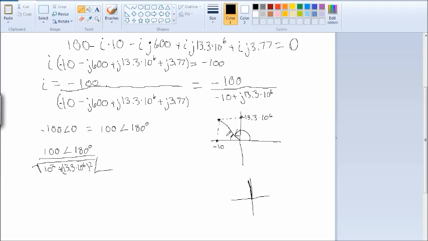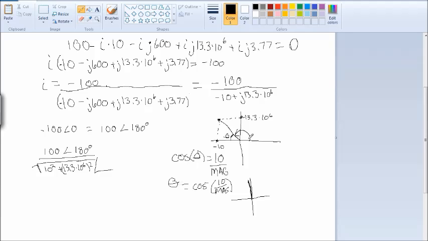So cosine of, let's call that theta there. So cosine theta is adjacent, so that's 10 over hypotenuse, which is that magnitude that we're about to calculate. So then theta, that angle right there, is going to be inverse cosine of 10 over the magnitude.